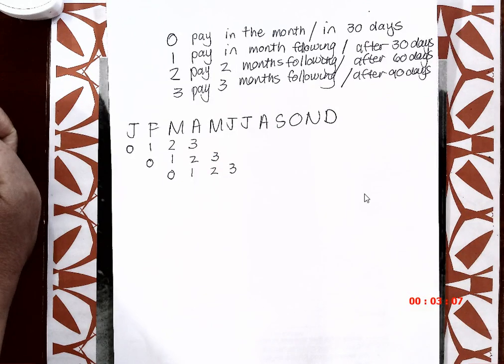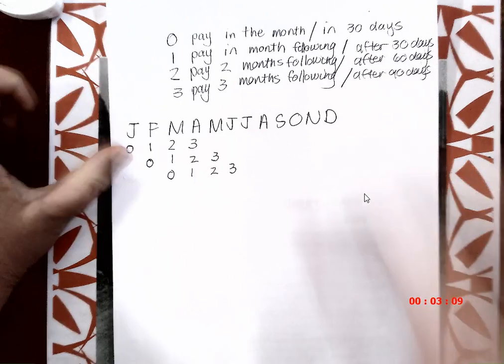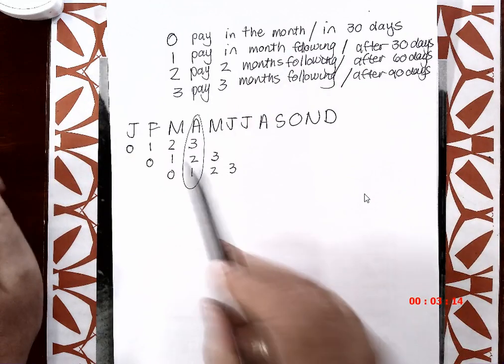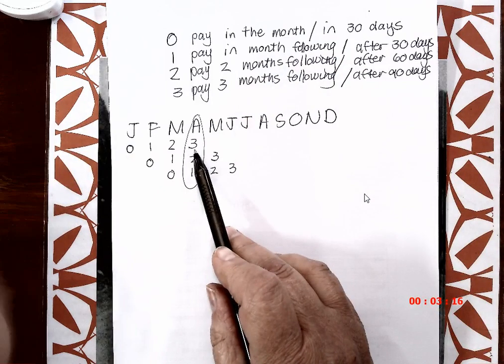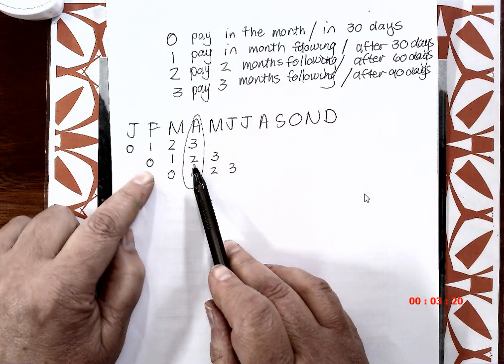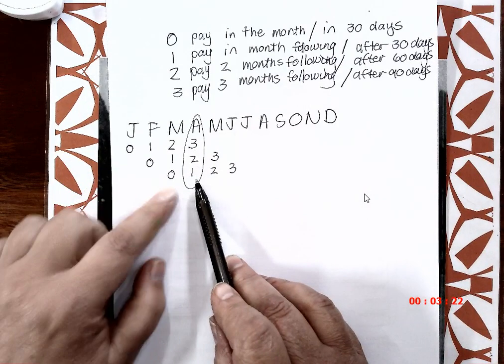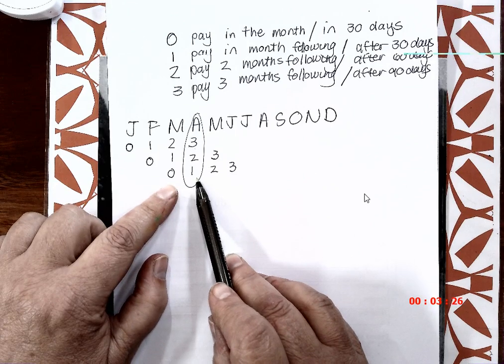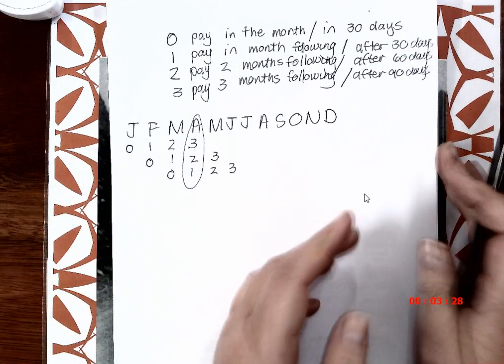So can you see, if I look here at April, I'm going to receive money from the debtors who bought in January, from the debtors who bought in February, from the debtors who bought in March. Does that make sense? And that's what we call the schedule.